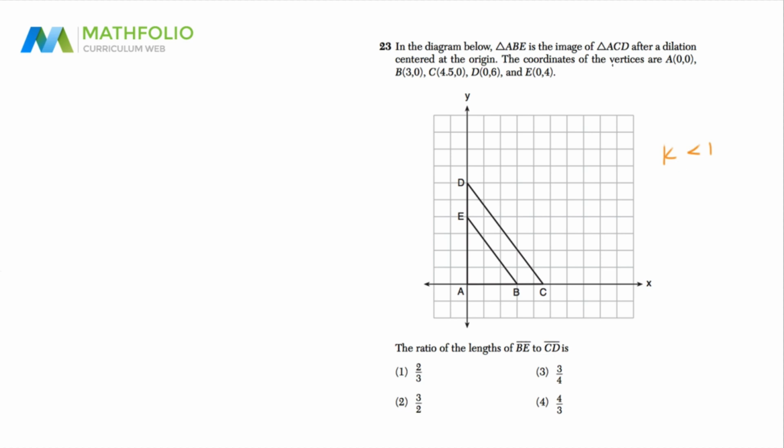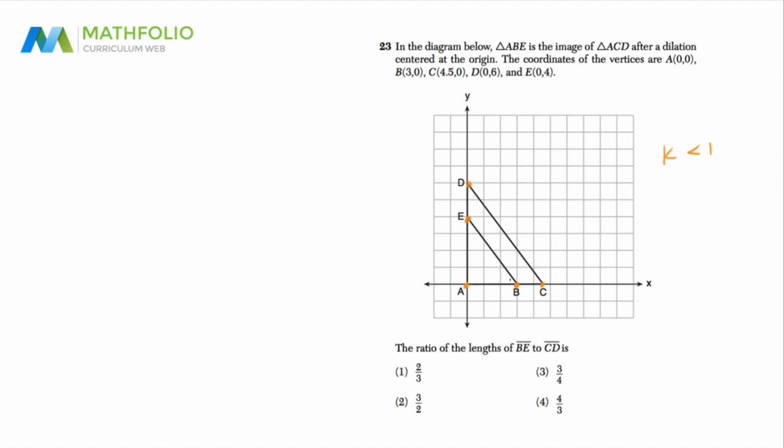It says the coordinates of the vertices are 0, 0, which we see here, also 3, 0, which is there. D is at 0, 6, and then E is at 0, 4, and C is at 4.5, 0. All right, so it says the ratio of the lengths of BE to CD.